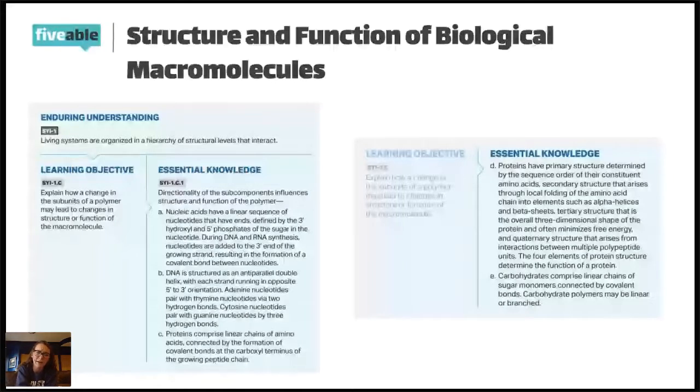It goes into alpha helices and beta sheets for proteins and what that means, how that connects to a polypeptide and how that protein is functioning, the different chains that can form between carbohydrates, and the fact that DNA is anti-parallel again and has directionality to it.